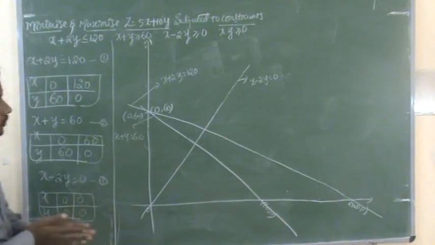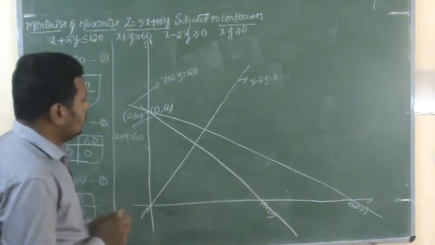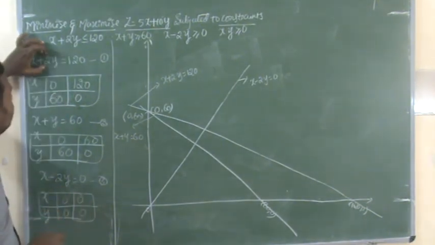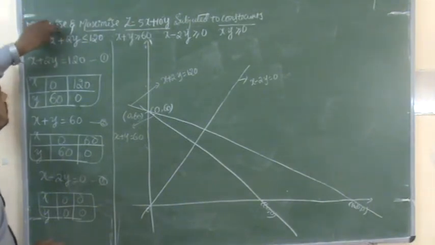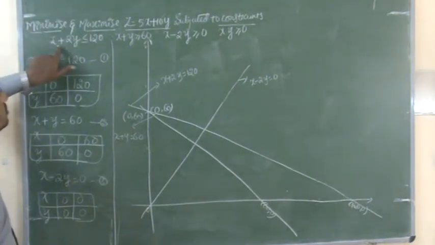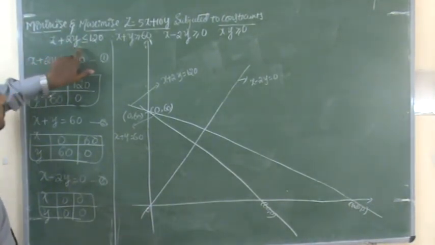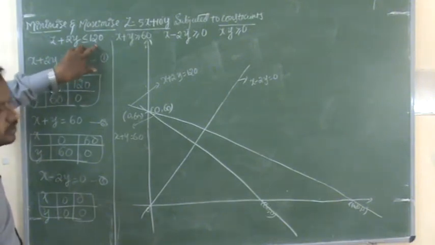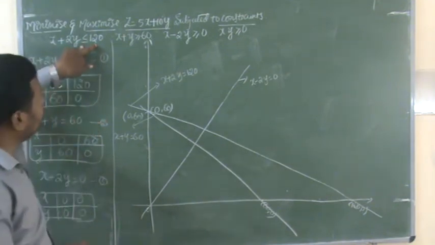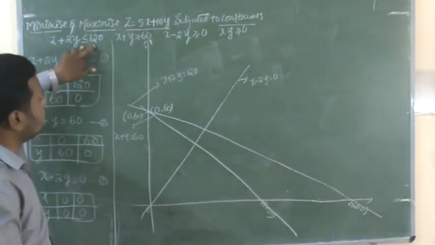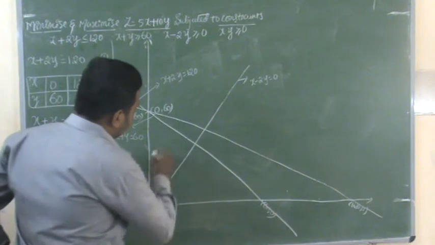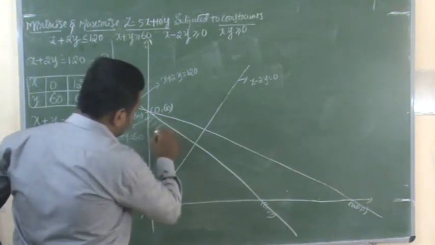Now the shaded region for the first equation, x plus 2y less than or equal to 120. Here is the less than symbol, so we put 0 and 0 for x and y. We get 0 is less than 120, which is true. Therefore, the shaded region comes towards this side.